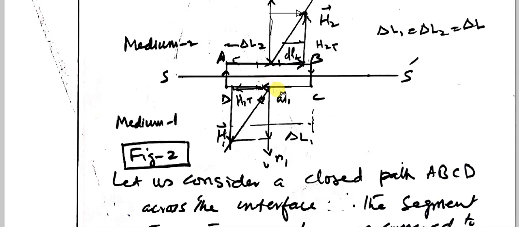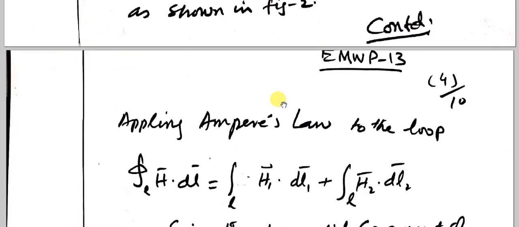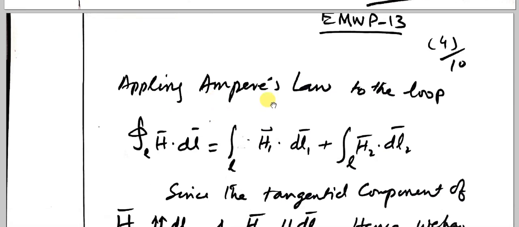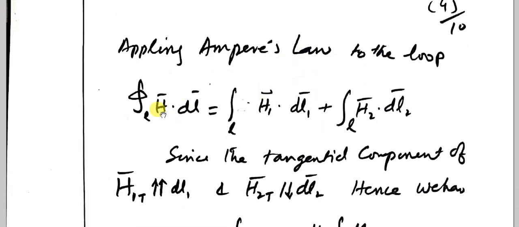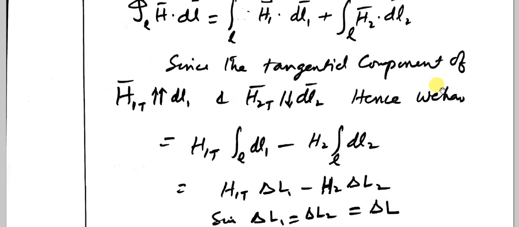Now applying Ampere's circuital law to the loop, we get the loop integral H dot dl is equal to the integral over the length dL1 of H1 dot dL1 plus H2 dot dL2. Since the tangential component of H1, which is H1t, is along the dL1.